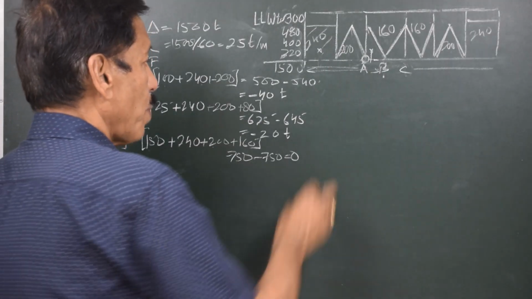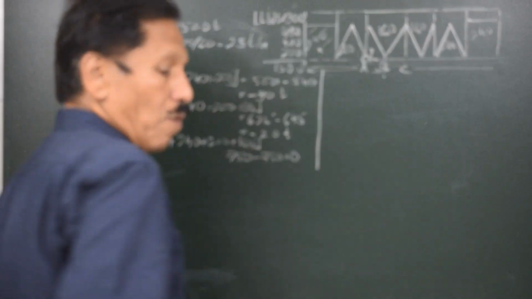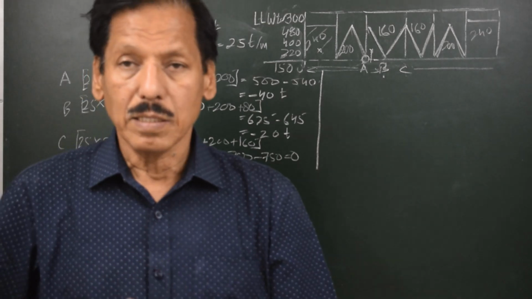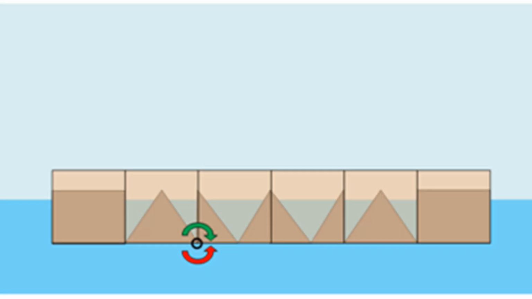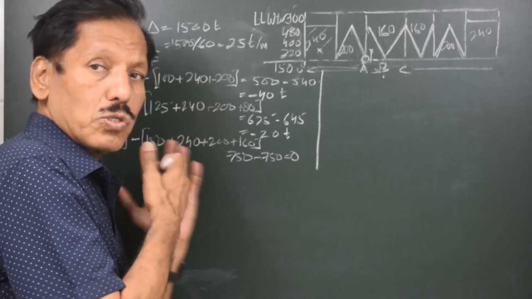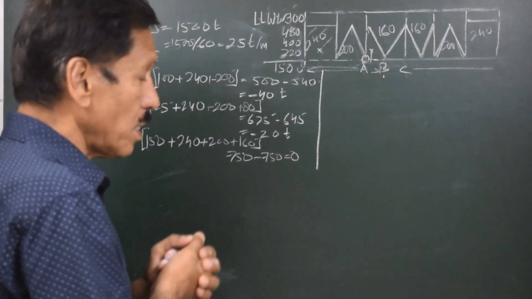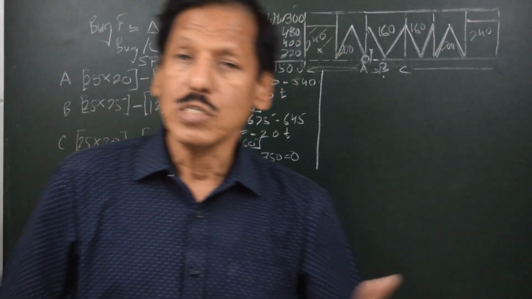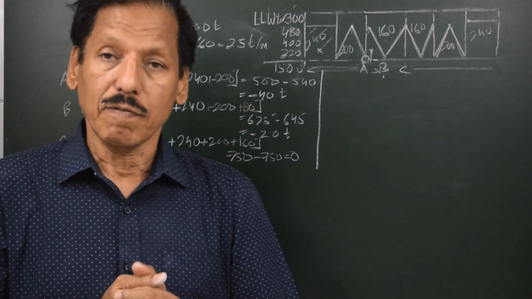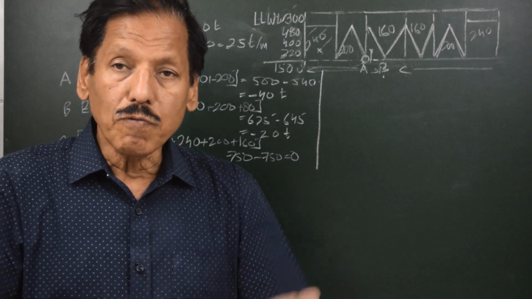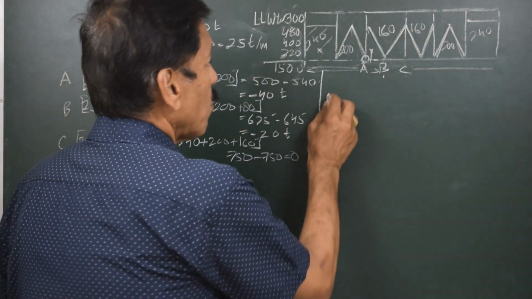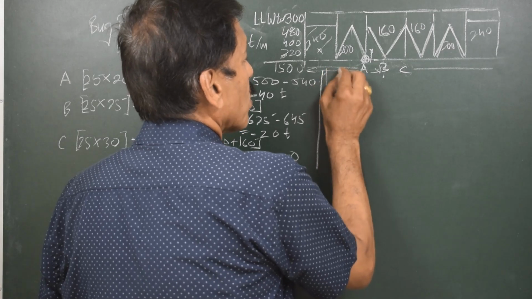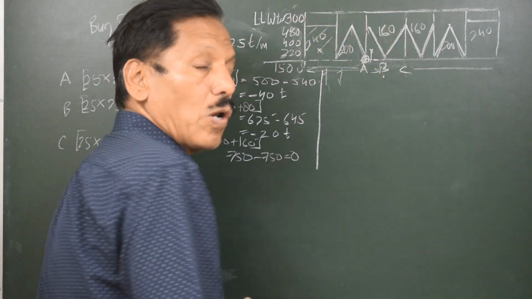Now let us find out the bending moment. For finding out bending moment in case of beams, what we had done is the point under consideration is made rigid. The vertical forces to the left of the point under consideration, downward forces, would cause anti-clockwise moment. Anti-clockwise moments to the left are negative. Upward force, that means the buoyancy force, suppose we are causing a pivot here, the upward forces are going to bend the ship clockwise.